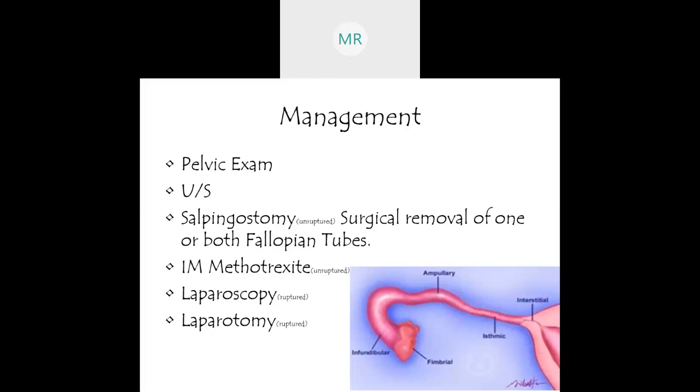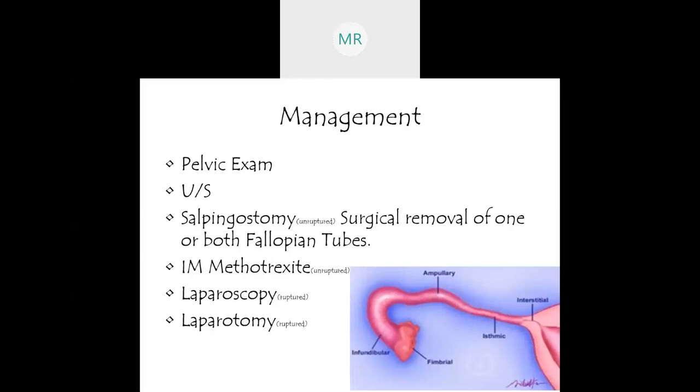So she's going to want to take folic acid for several months before she conceives. And then we want to make sure that her beta HCG levels are below at least 5,000.